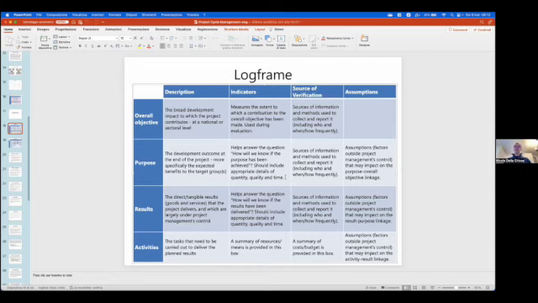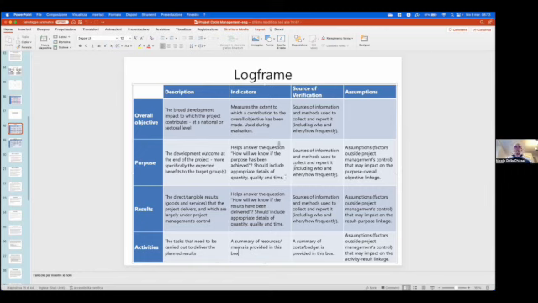And then the indicators should include details of quantity, quality, and time. So measure the quantity of the benefits that the project is delivering, the quality, which sometimes is not as easy as measuring quantity, and the time, so how much time it takes or it took to deliver a certain result or objective.